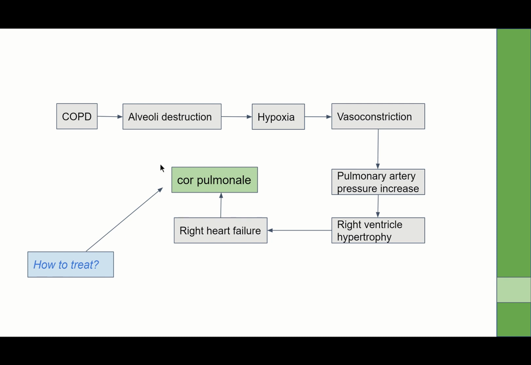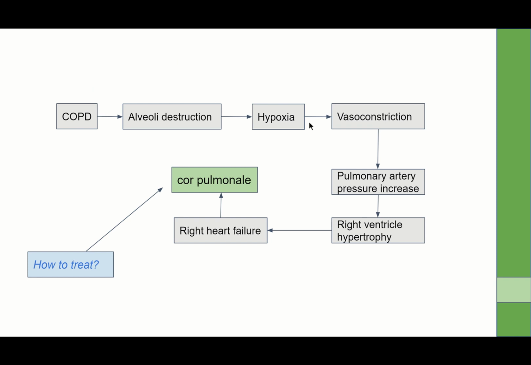It's quite easy. I will talk about it right now so you can understand the mechanism. From the mechanism, we're going to develop the treatment, right? COPD causes hypoxia, so we need to treat the COPD, of course, but how can we decrease the hypoxia?